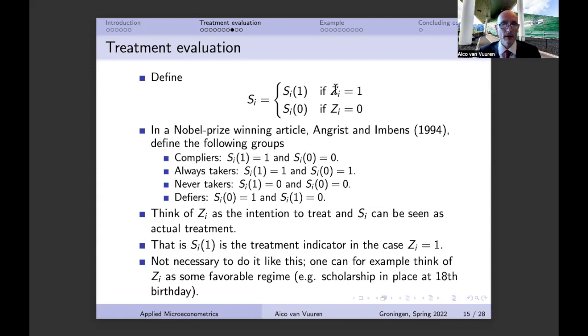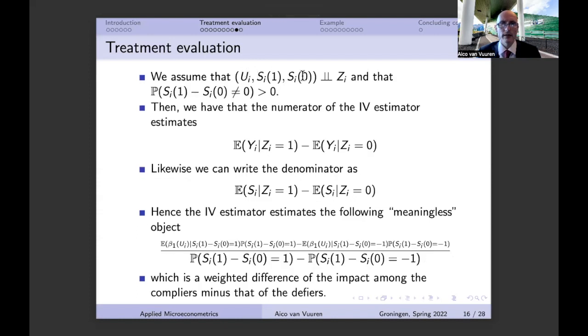It must have an impact on this S_i that we have over here. So this thing over here is related to instrument exogeneity in a standard instrumental variables framework, and this thing over here is related to instrument relevance.